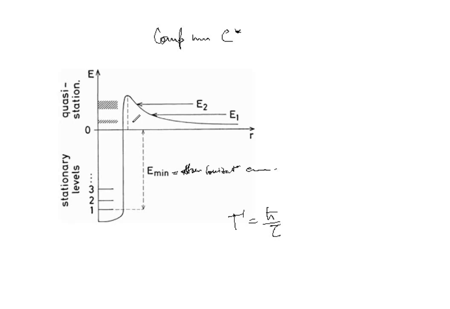This requires calculation of the tunneling probability. So, there can be quasi-stationary levels above E min that have an appreciably shorter lifetime, and as a result their widths are considerably larger. So, shorter lifetime means larger width.